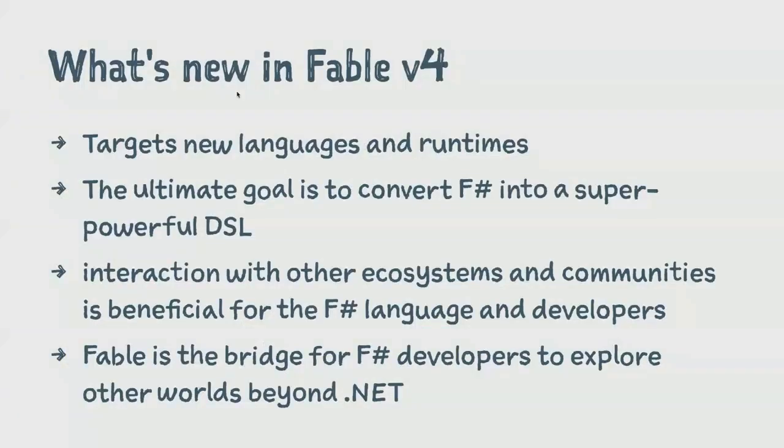It might not be easy to find what that library should do, but once you have it, you can finally have write once, run everywhere. Fable also makes it possible for F# developers to explore other worlds beyond .NET, and interact with other ecosystems and communities.